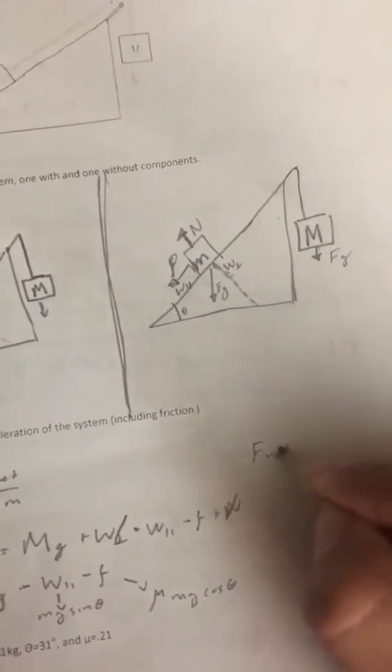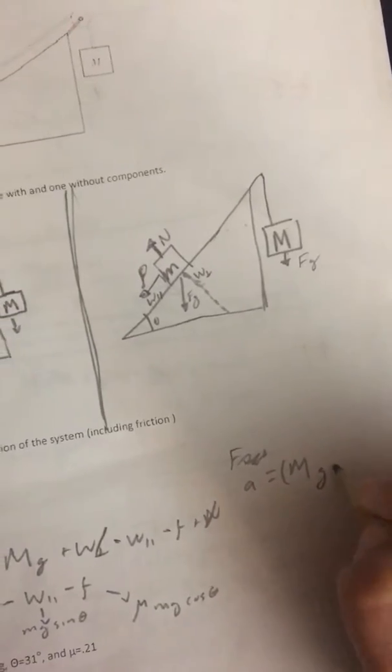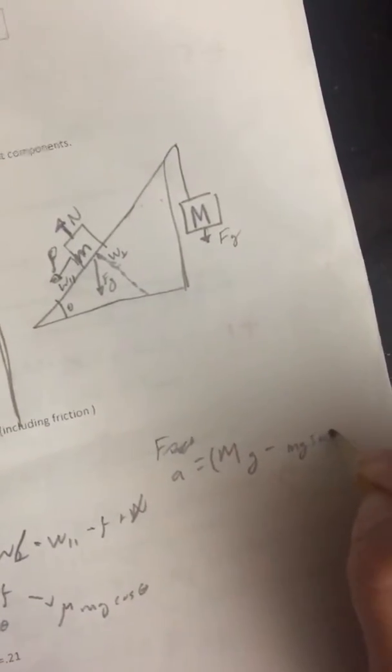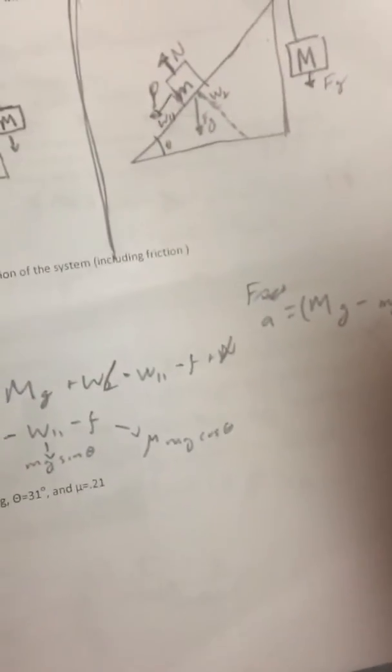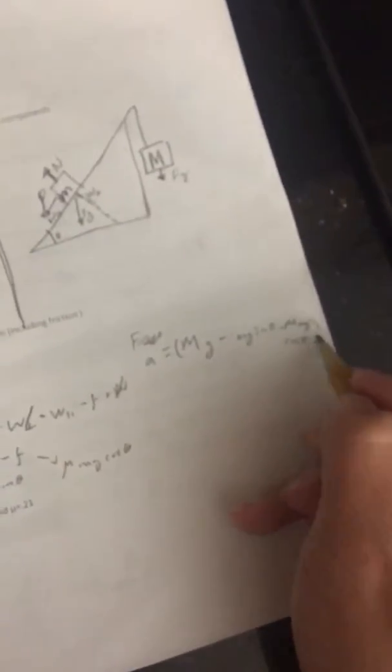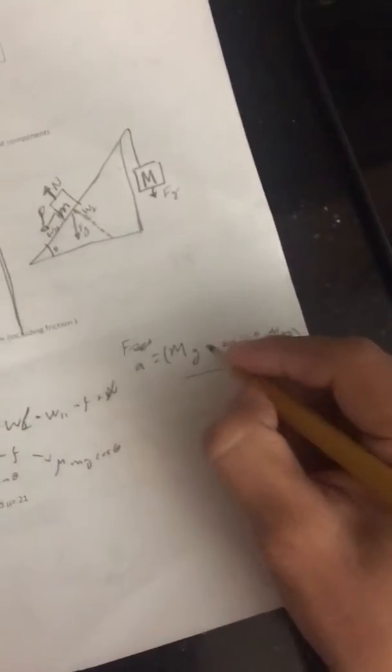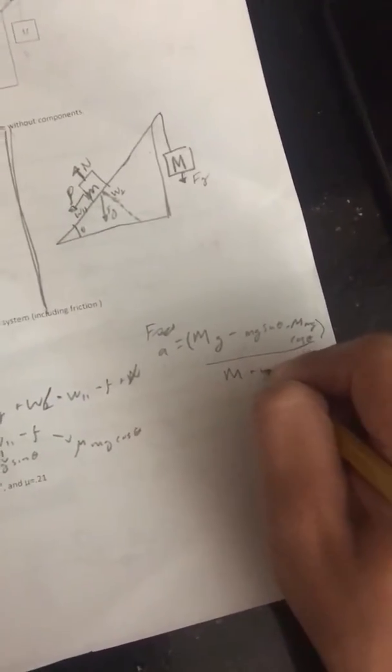So what you do from here is, not F net, it's just acceleration now, equals big M g, minus small mg sine theta, minus the coefficient of friction, mg cosine theta, then divide that over the big M plus smaller m, because they're the two masses that are being acted upon.